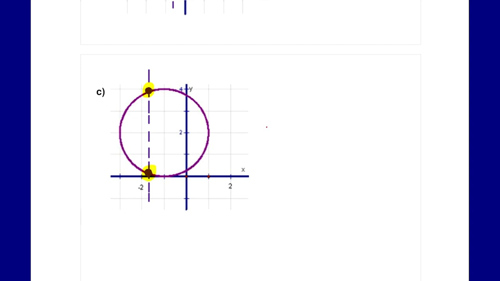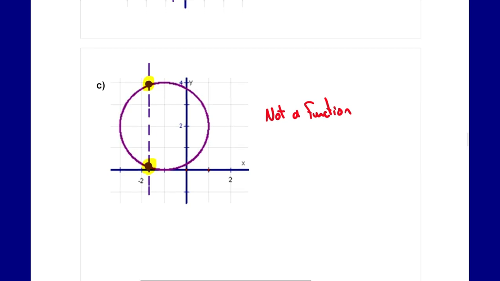That means it is not a function. So it failed the vertical line test. We have two y values for one possible x value. And again, it doesn't matter where on the graph this occurs, as long as it occurs at least once within a relation, it's not a function.